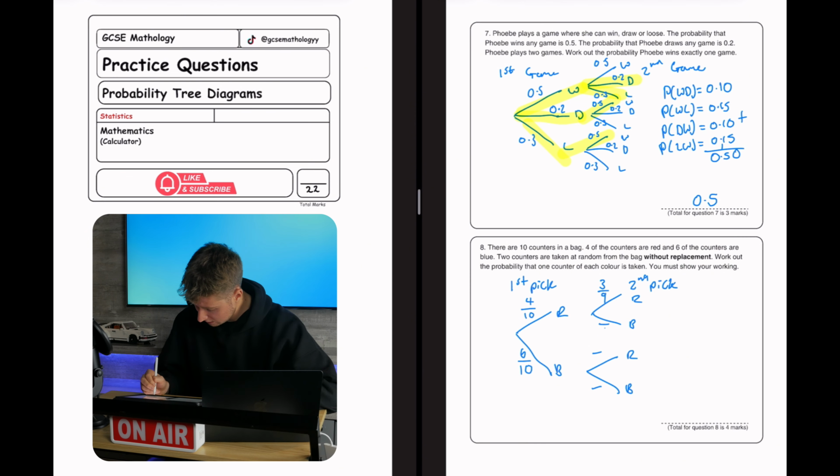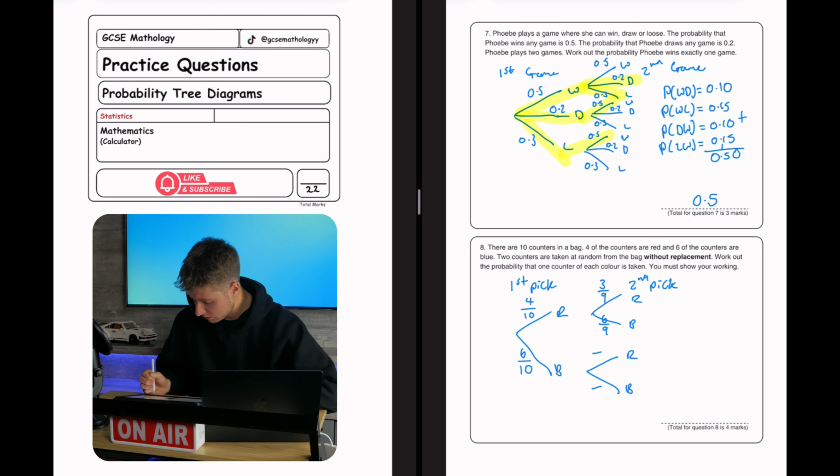Now, for the probability of a blue, the number of blue counters will stay the same. So this will be 6, and it is over 9, because the first pick was a red, so that doesn't change the probability of picking a blue. So this stays as 6, the initial number of blue counters, over a total of 9, because you already took that red out.